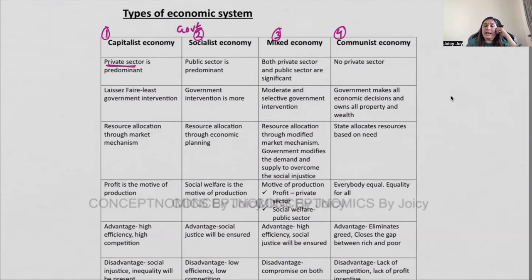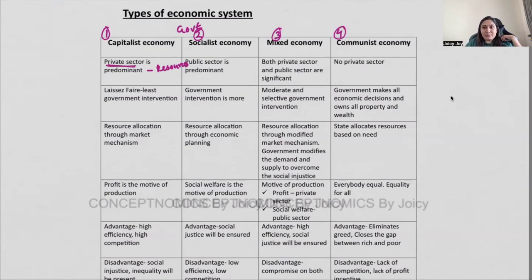So in case of a capitalistic economy, the private sector is predominant, which means that the resources are mainly handled by the private sector, which means production, distribution, and allocation of resources are done by the private sector predominantly. It plays a major role.